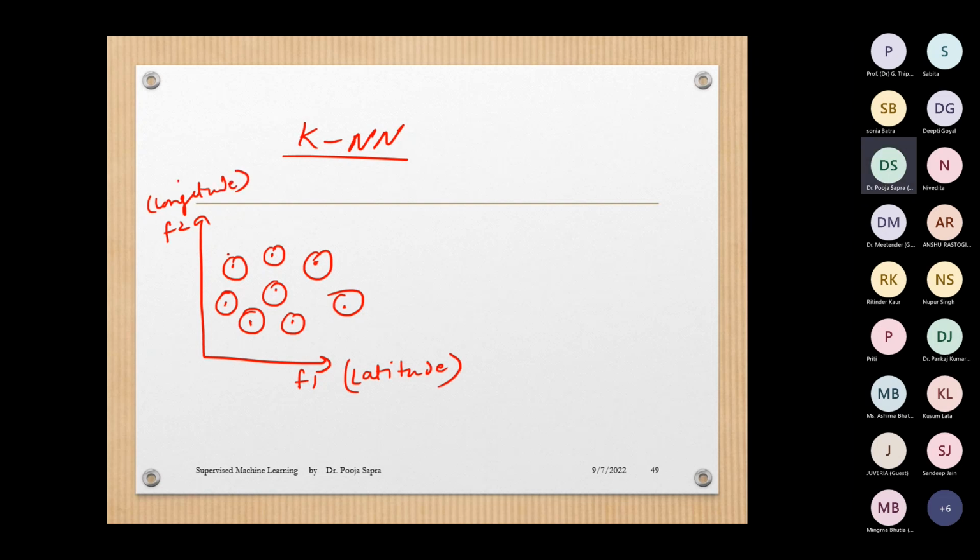In this particular city, for a particular area, we are finding whether the person is corona positive or negative, right?